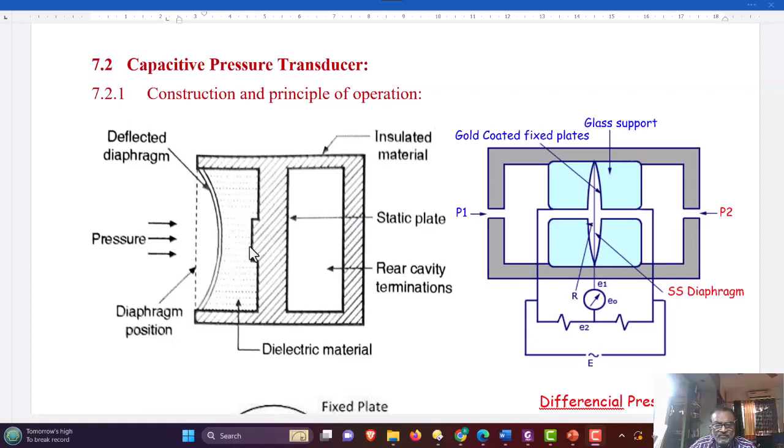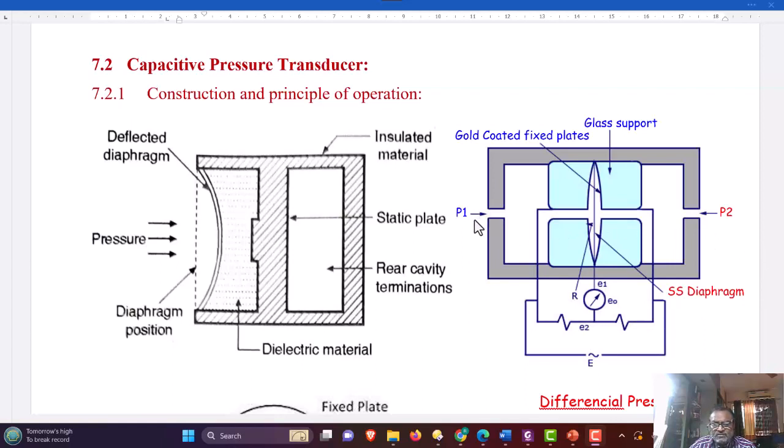We know the formula for the capacitance: C is equal to epsilon A by D, where D is the distance of separation of the plates. So here pressure gives rise to a change in the distance of separation, that gives rise to a proportional change in the capacitance.